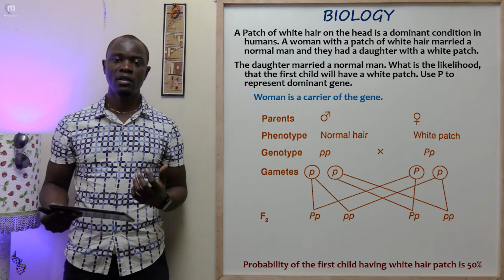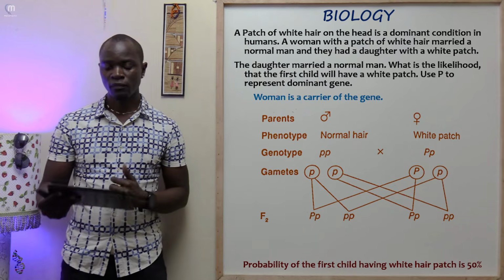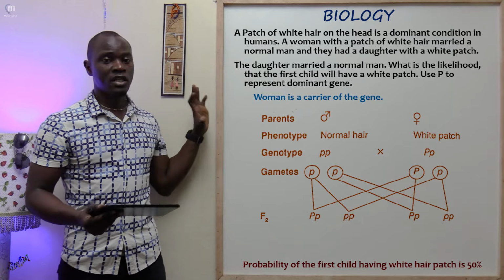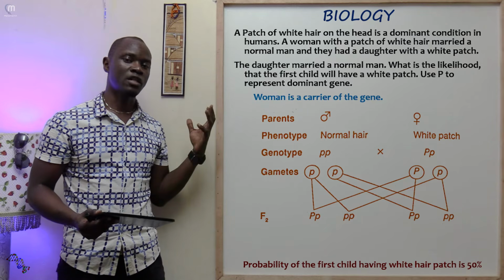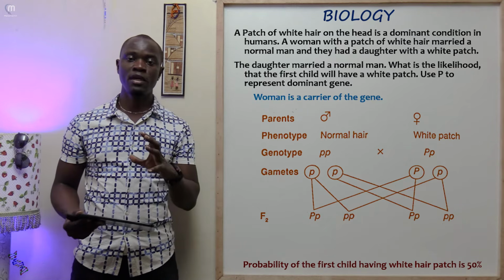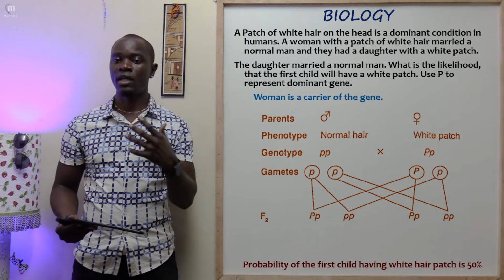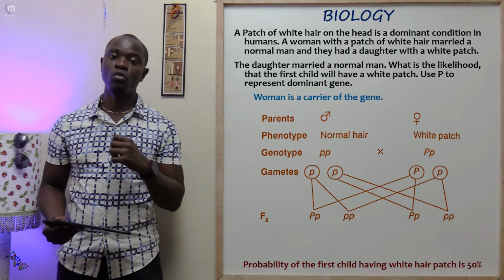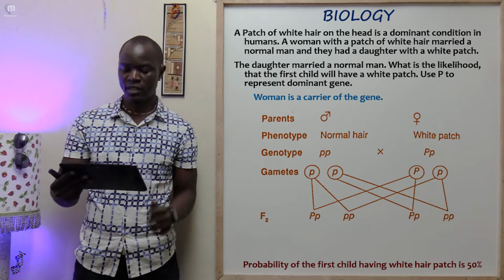As you can see, this is the genetic cross for this question. The answer should be that there is a 50% likelihood that they are going to obtain a child who has a white patch. So the chance is 50%.